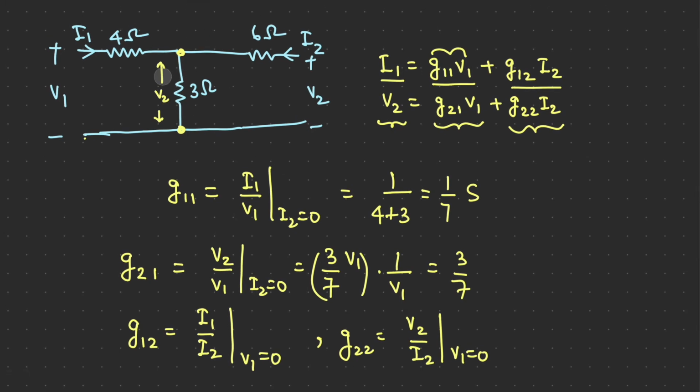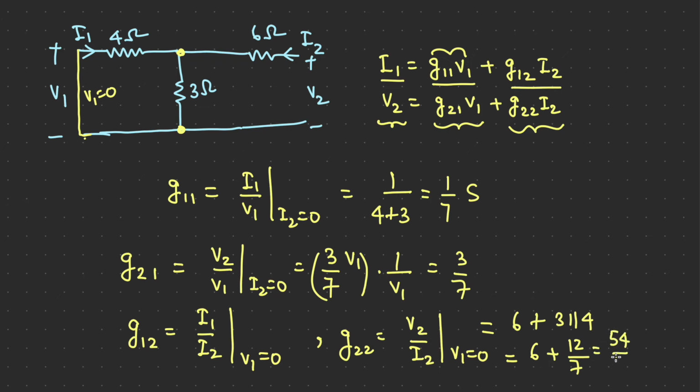So if I short circuit port 1 like this, so here V1 is 0, then 4 and 3 will be in parallel, with 6 in series. So this gives us the G22 value, which is equal to V2 by I2. So 6 plus 3 parallel 4, which is equal to 6 plus 12 divided by 7, which is 54 divided by 7 ohms.